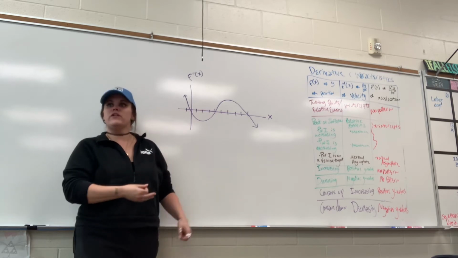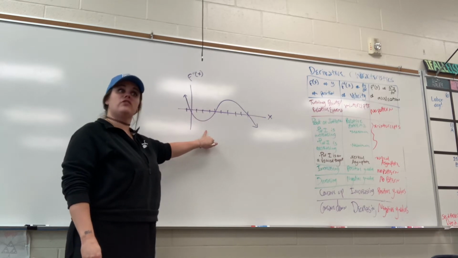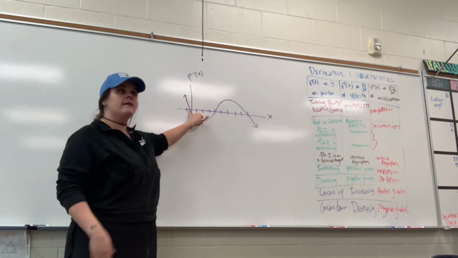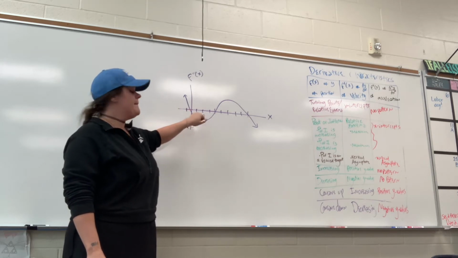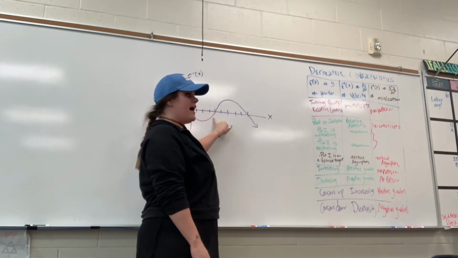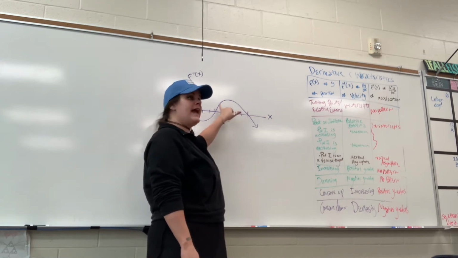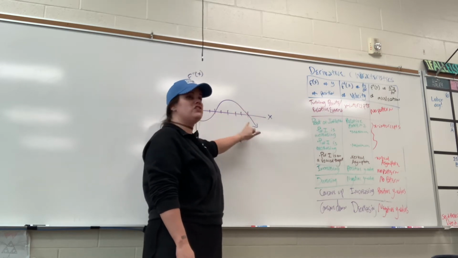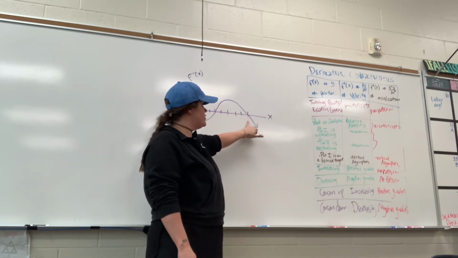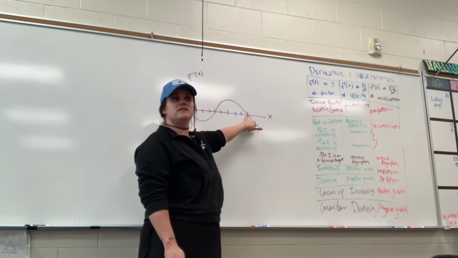There was a change right here from concave up to concave down on the original graph, therefore creating a point of inflection. Make sense? Concave down to concave up, change in concavity, point of inflection. Concave up to concave down, change in concavity, creating a point of inflection. Does that make sense? Good.